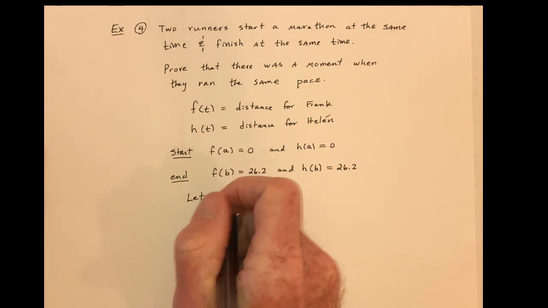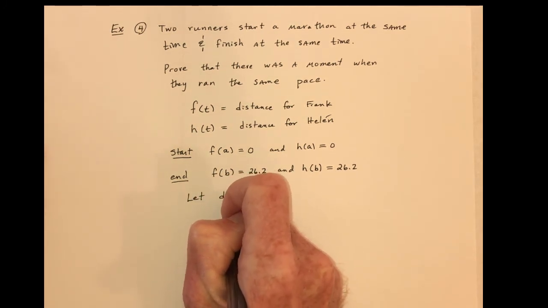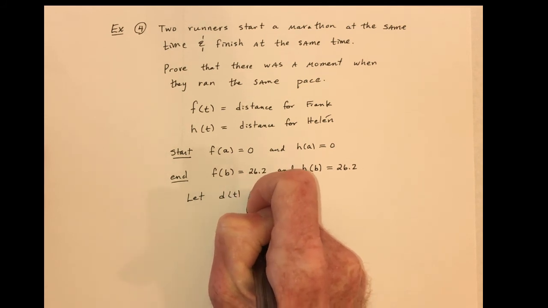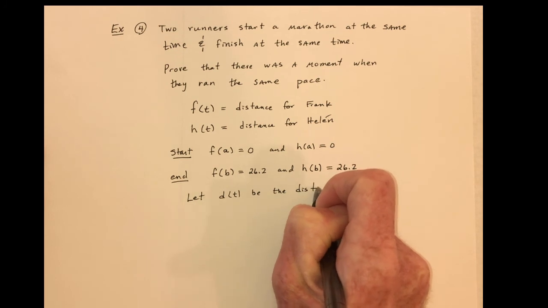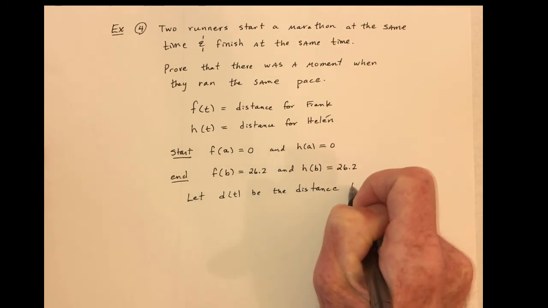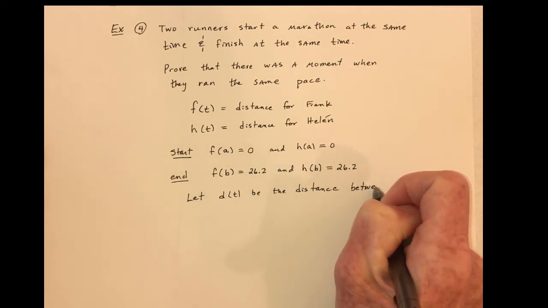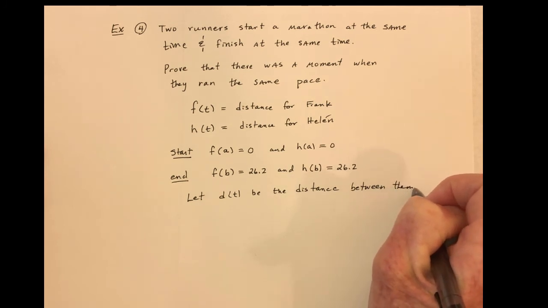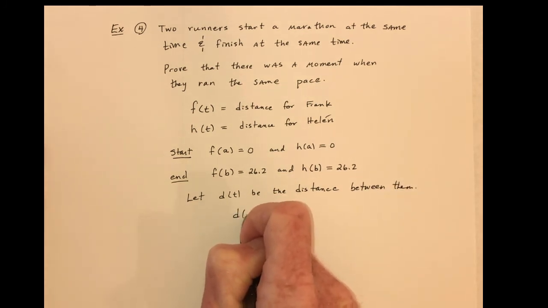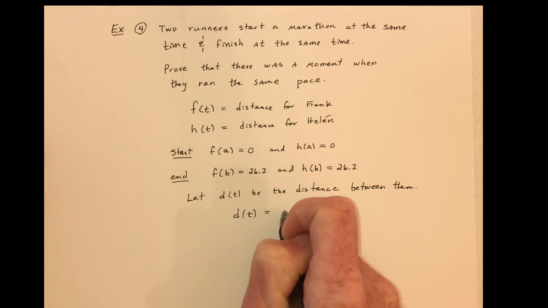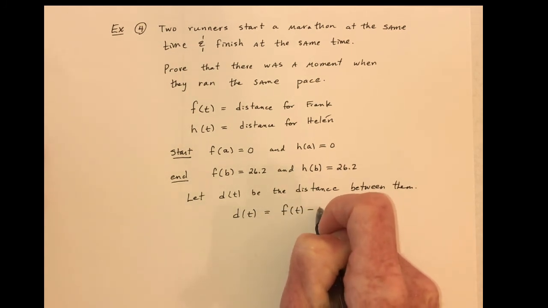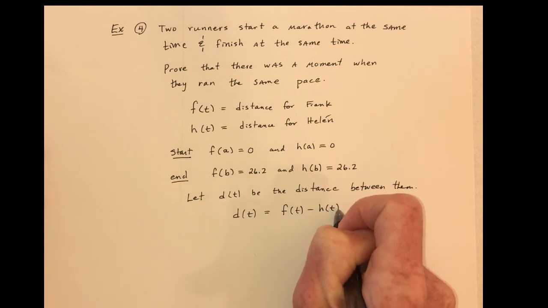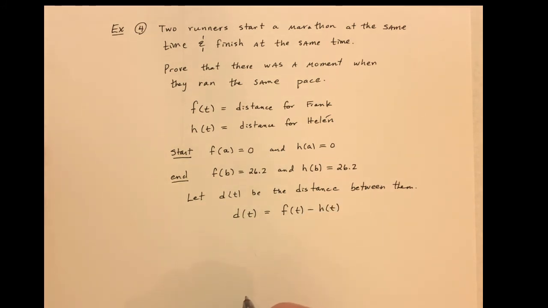Almost done. Then let D be the distance between them. So that means that D is equal to, just subtract the 2 functions, and then that'll tell you the distance between them.